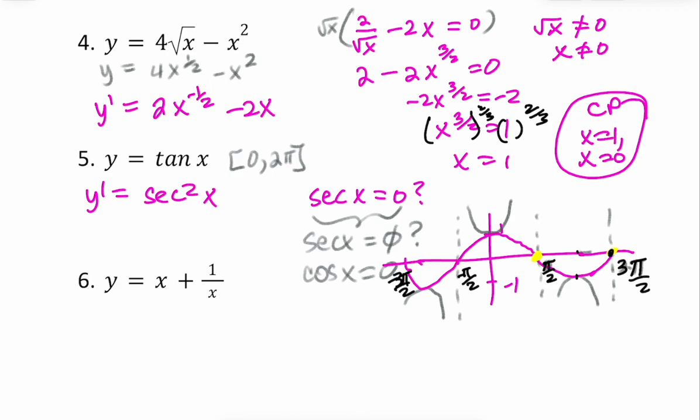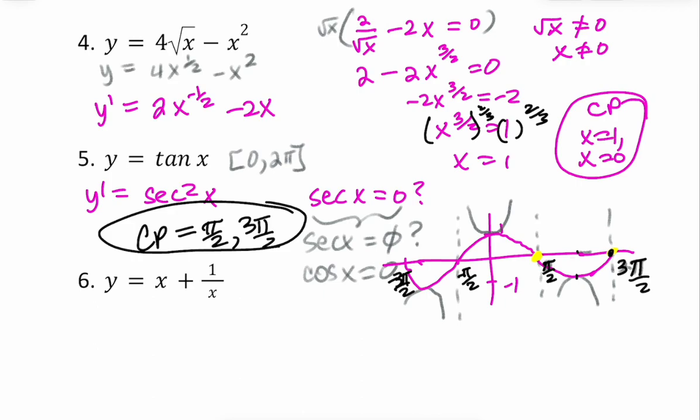Because those are a lot easier to remember. So tomorrow make sure you know your sines and cosines in the first quadrant, and that will push you in the right direction for these. Okay, so the answer for this one, the critical points are pi over 2 and 3 pi over 2. We're going to do one tomorrow that's related to the sine and the cosine, so just look over your unit circle values for the sine and the cosine. Okay.